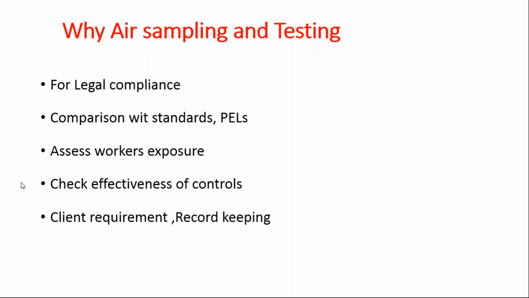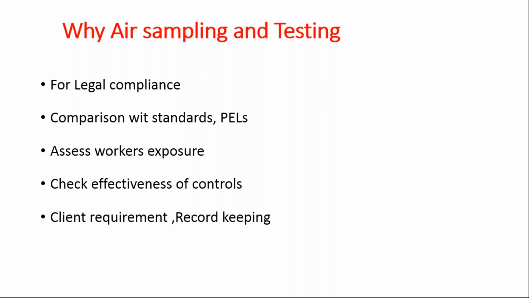And the next one is checking the effectiveness of control. For example, in some area we have installed a ventilation system. How can we say that this ventilation system is effective? We have to take the reading before installing the ventilation system, and then conduct air testing and sampling after installing it.